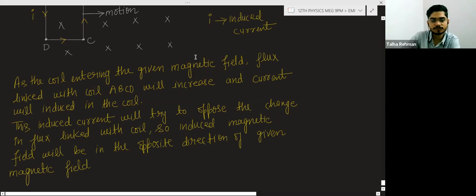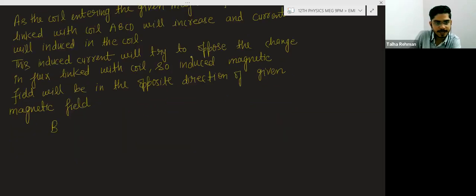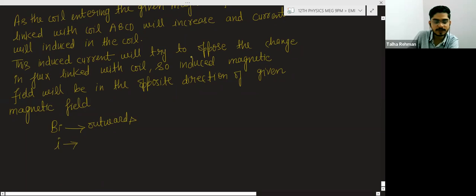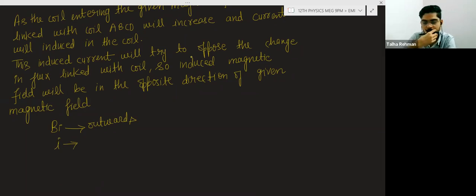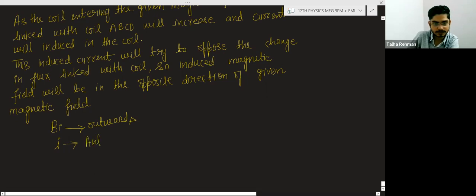So the direction of the induced magnetic field will be outwards. If the direction of the induced magnetic field is outwards, then you can say the induced current I will be in the anti-clockwise direction.